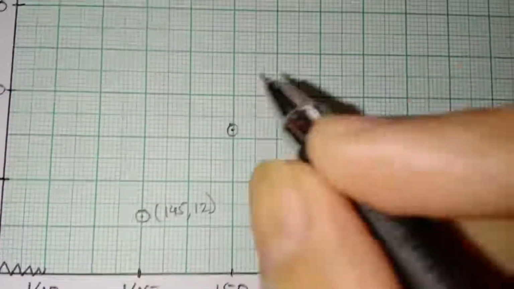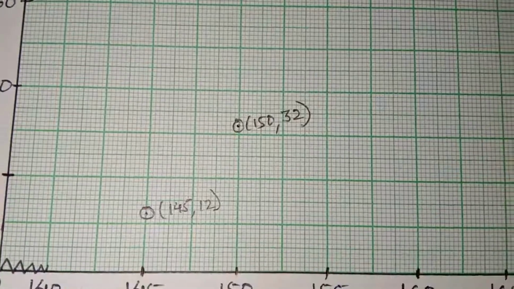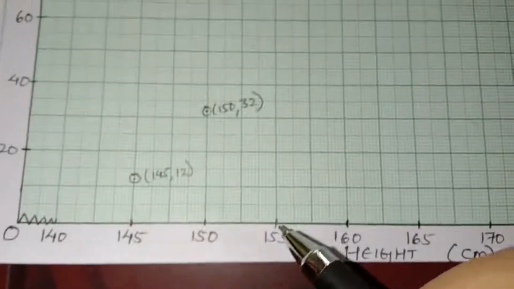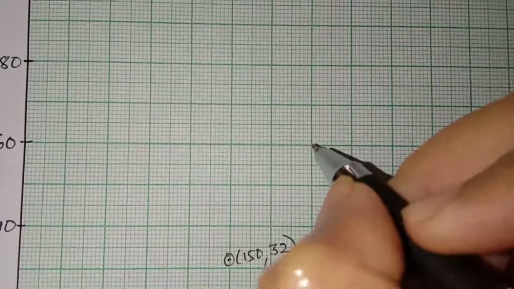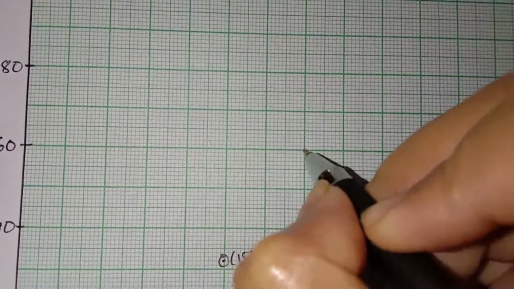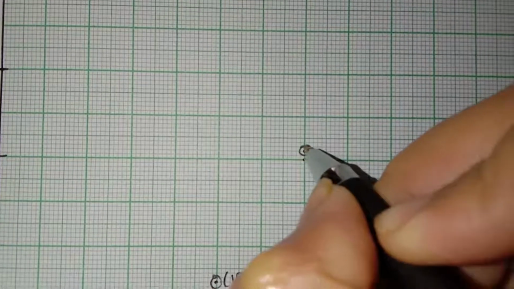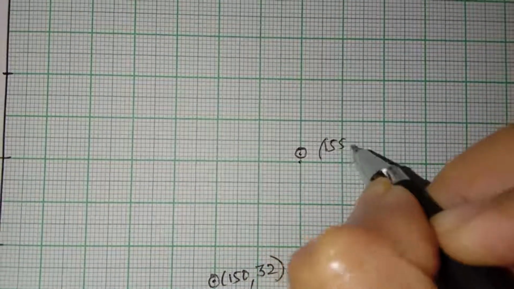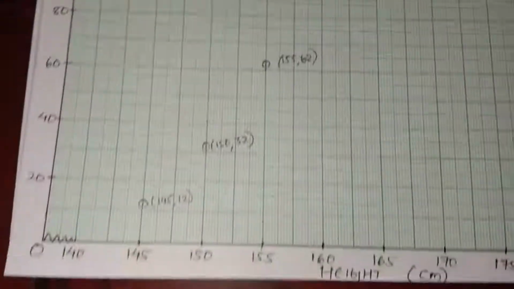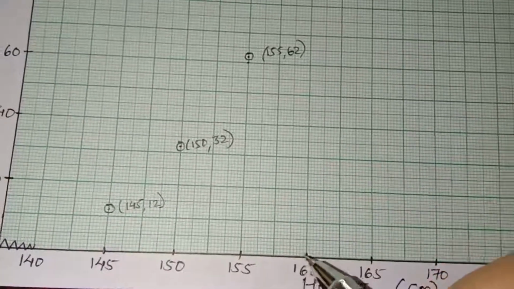So this is 150 comma 32. Next is 155 comma 62. Where is 60? Here is 60. Then we plot 62. So this point is 155 comma 62.